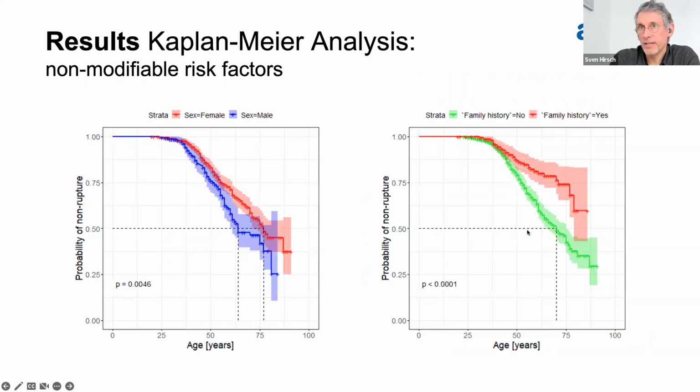The interesting part, and here you're coming to personalization, is when we're looking at different strata, so different stratifications of patient cohorts. When you're looking at differences between the sexes, male and female, you can see here that the onset of rupture events is in females several years later than in males.